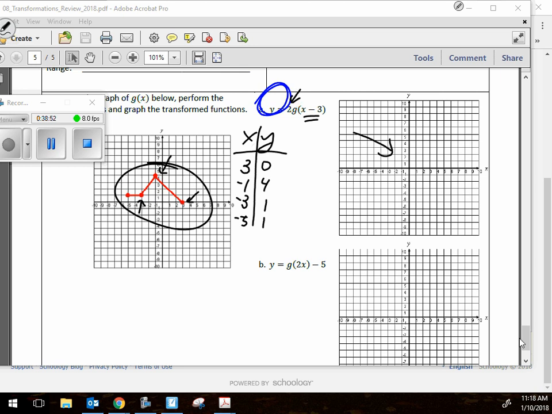So you can make the heights twice as big by just taking their y's and doubling all of them. You can take the x's and move them all to the right 3. You might think you would subtract 3 from everything, but it's always the opposite of what you'd think. So I add 3 to all of these. And then I graph it.